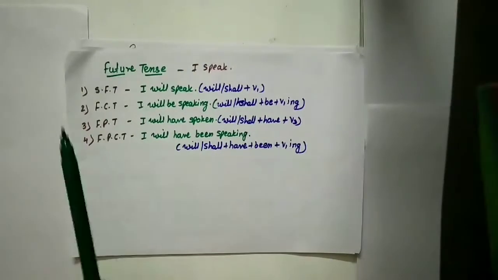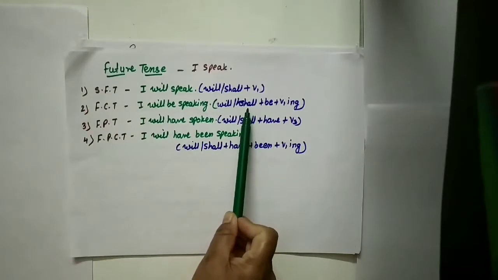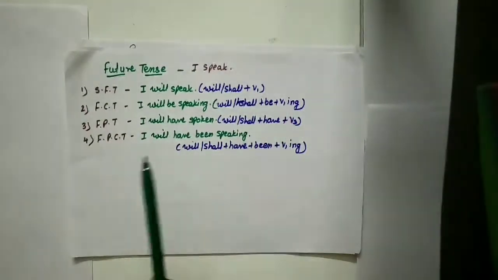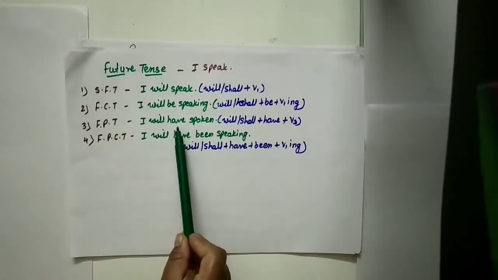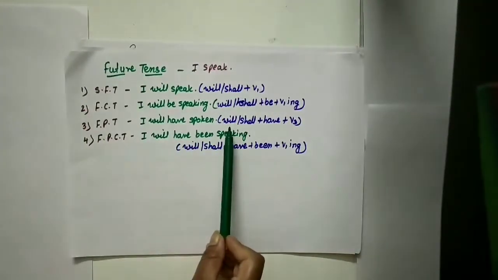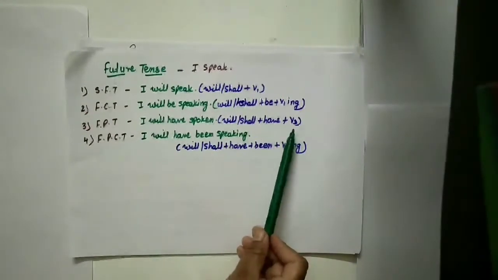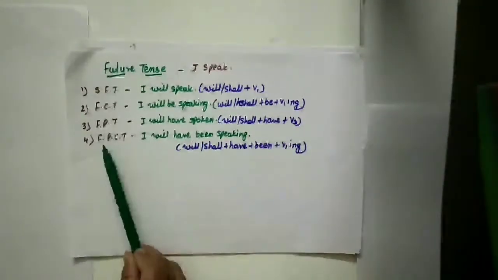Future continuous tense. I will be speaking. Will or shall plus be plus V1 ing. Future perfect tense. I will have spoken. Will or shall plus have plus V3, where V3 means the verb is in the past participle.